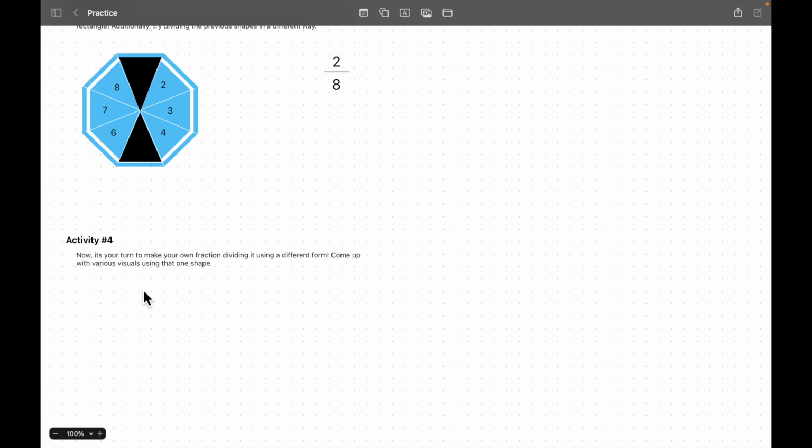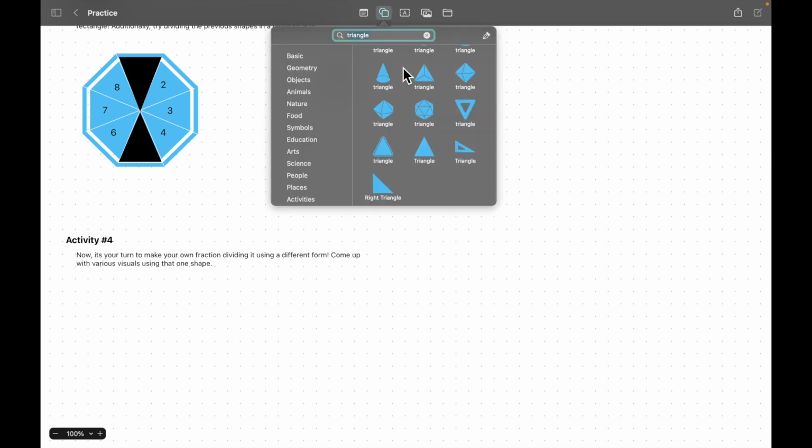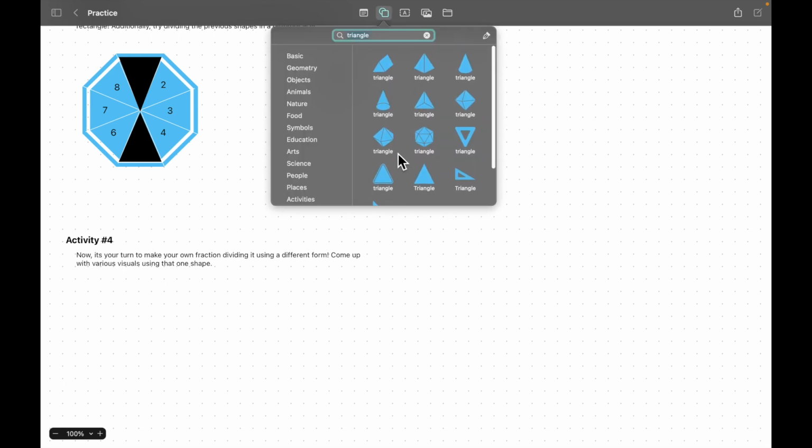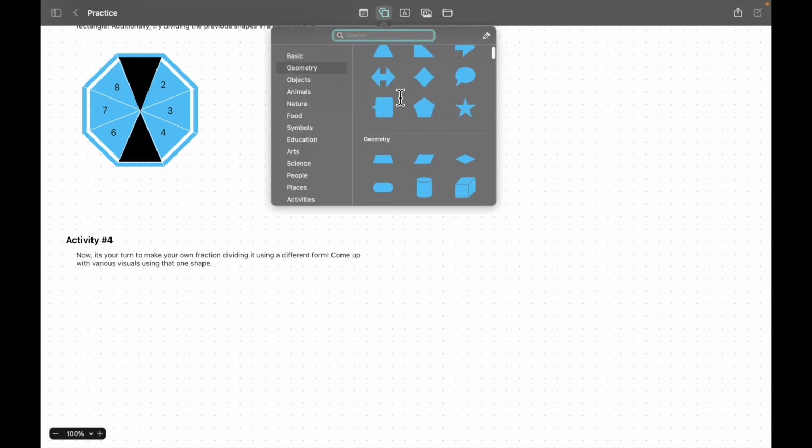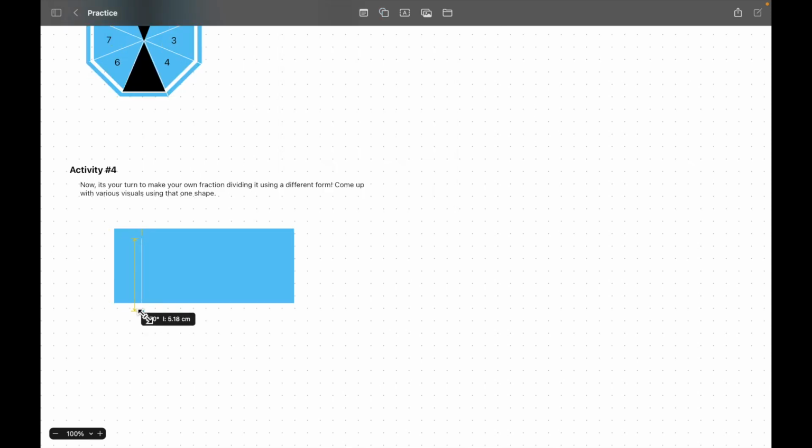Come up with various visuals using that one shape. We basically showed it up here. Let's go back to a rectangle. This is straight, not diagonal. It is perfectly straight.